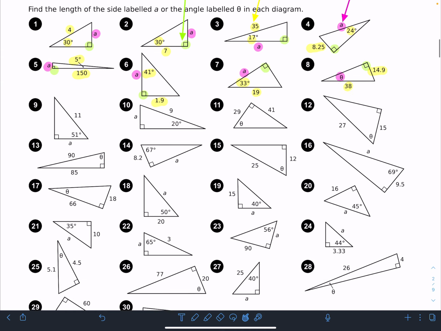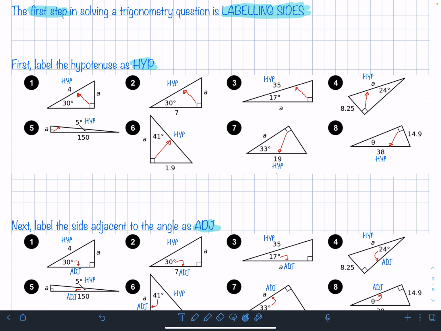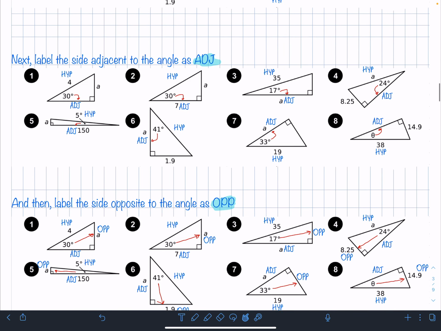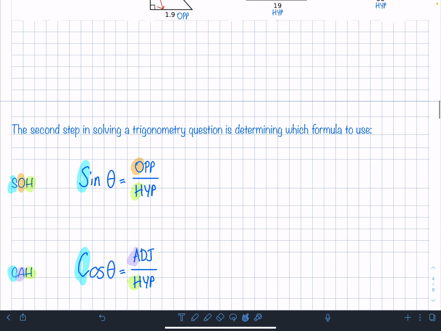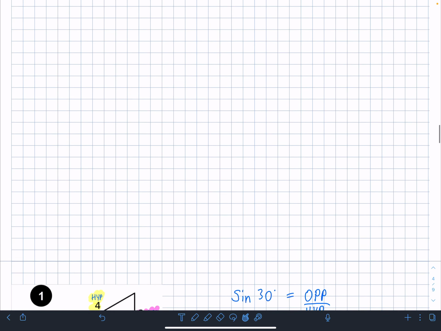Then after that, we label, firstly, the hypotenuse, secondly, the adjacent side, finally, the opposite side. After you've labelled, you need to determine which kind of trigonometric ratio you're dealing with, and then you start to solve.